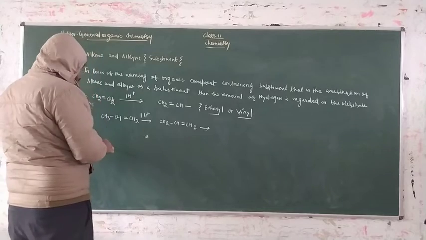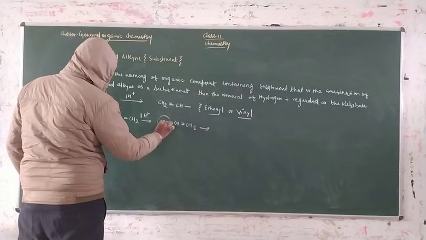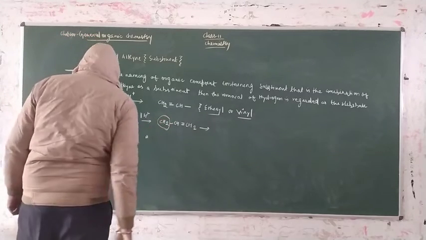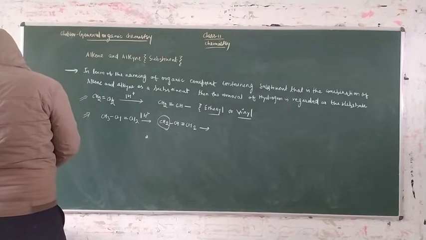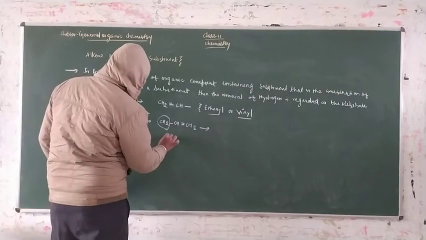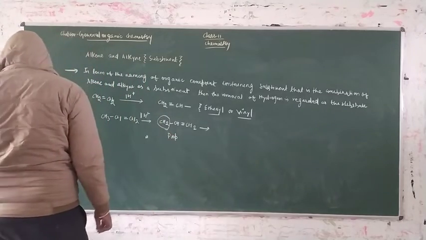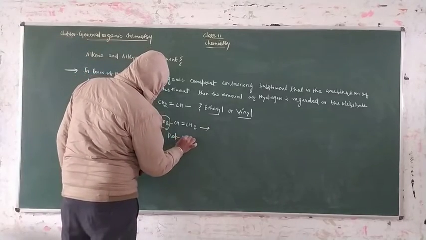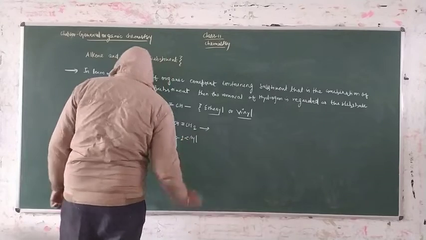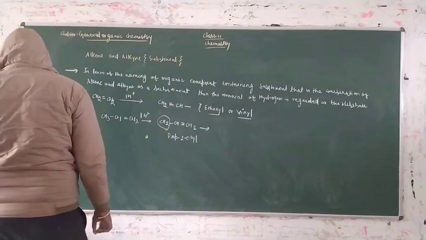That means we have to remove one hydrogen from this CH3. This is CH2. This is the formation, and we have the name. This is prop-2-enyl.